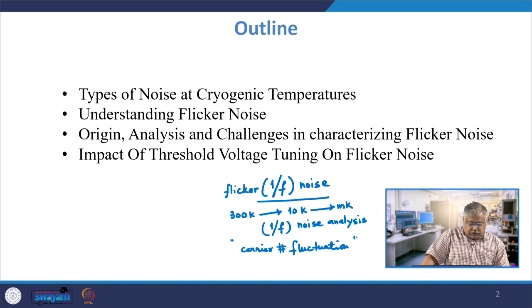The other noise sources are also independent of temperature at several other noise voltages. So, when you try to find a normalized noise value, it seems to be independent of temperature, but flicker noise seems to depend on the temperature to a larger extent. This also depends upon the availability and the position of the traps, which I had earlier discussed in other lectures, and their relative position with respect to the carriers.